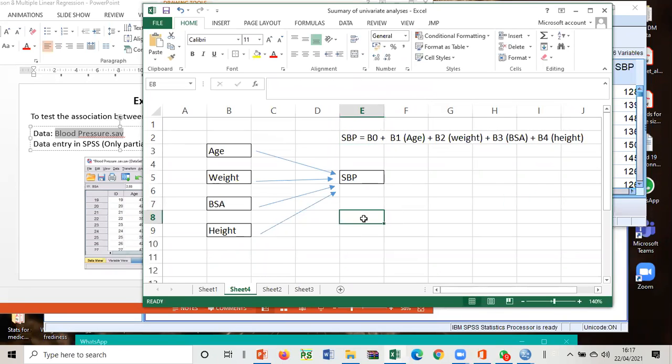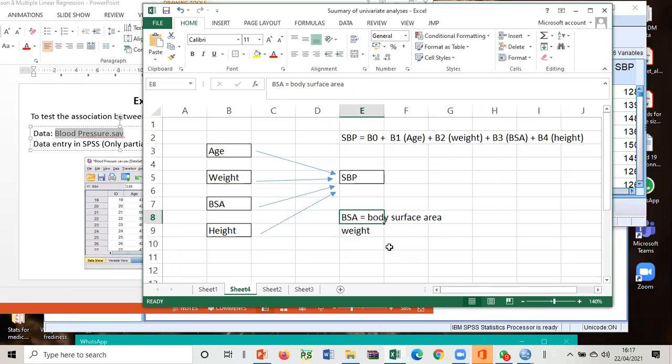So BSA is body surface area. Do you think BSA and weight could be associated highly? Weight and body surface area?